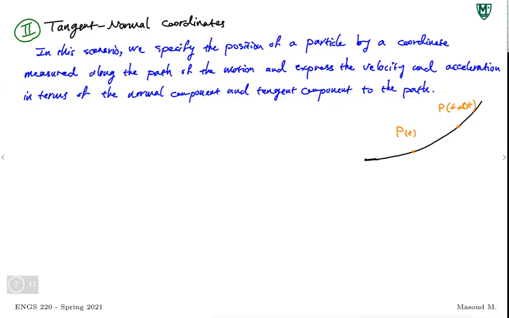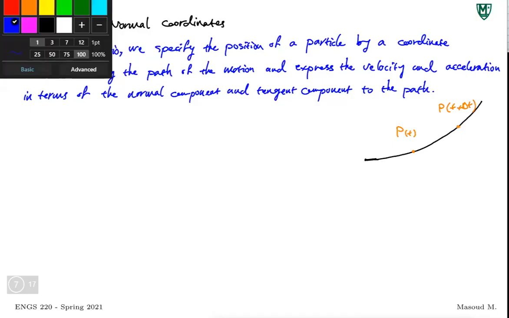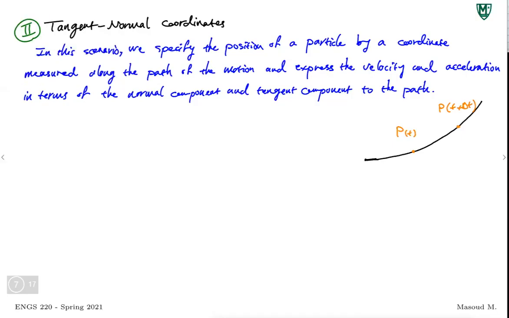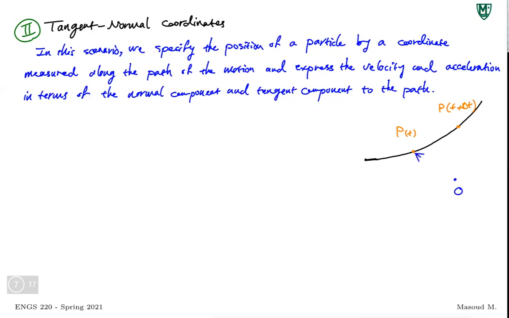So previously, what we were saying was, well, I have a point O, some origin of my coordinate system, and this is where P is at t, and this is where P is at t plus delta t. So I can represent those as r at t and r at t plus delta t. This is the motion on this path.